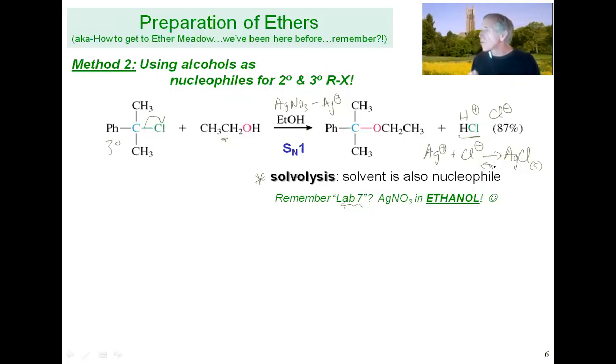Makes it go forward so that all of this Cl- is taken out and put into here. So this reaction is constantly trying to make more Cl-. Yeah, that's another name, dude. Le Chatelier, and therefore no reverse reaction here. So this reaction of silver nitrate and ethanol is very popular in an SN1 condition. But it also makes a beautiful ether. Woohoo!